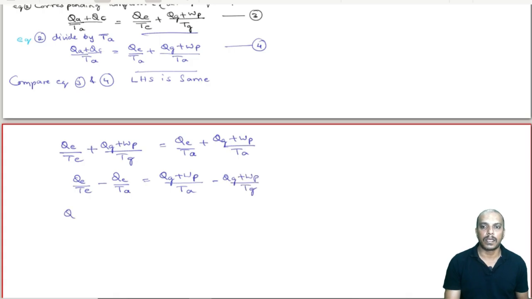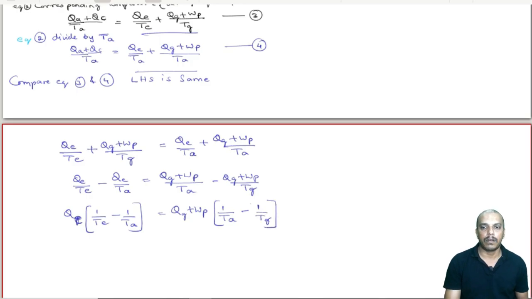Here I can take QE as common, we will have 1 by TE minus 1 by TA. Similarly here I can take QG plus WP as common, and I will have 1 by TA minus 1 by TG.